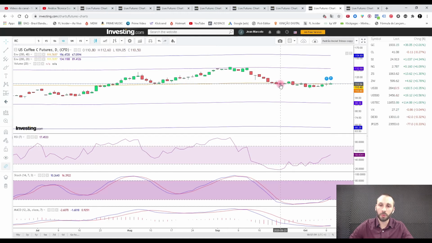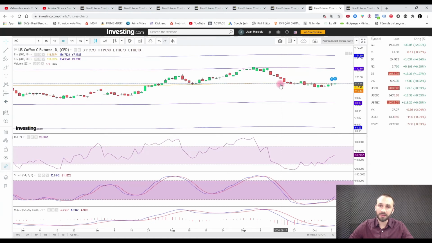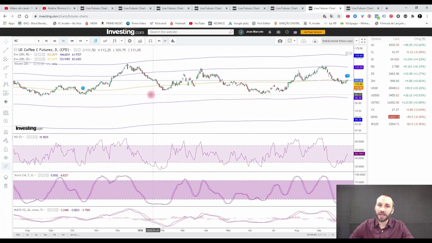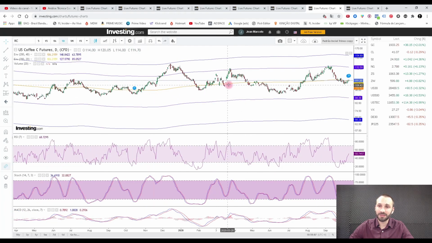Why I say that? Look what's happened when the price touched this moving average. Look this, 11 from August of this year, the price was 111. And what's happened after that? The price approached 133, it's almost 20% of profit.